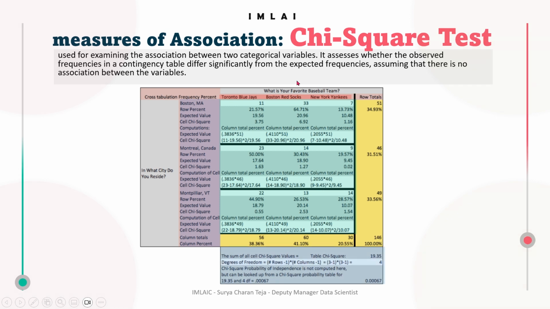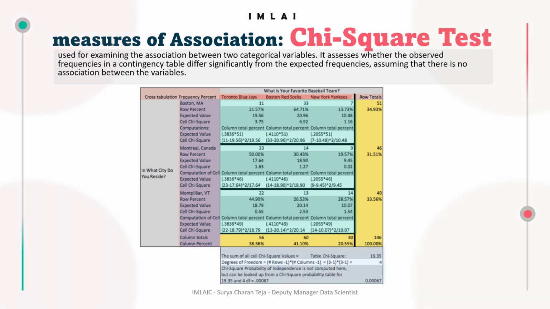So we observe that the cells Boston Red Sox, Blue Jays and Montreal, and Red Sox and Montpelier, Vermont were the three cells where the number of observed respondents was greater than expected. We further note that when we examine expected and observed frequencies, the Yankees and Montreal, Red Sox and Montpelier, Vermont, and Red Sox and Montreal frequencies were fewer than expected.